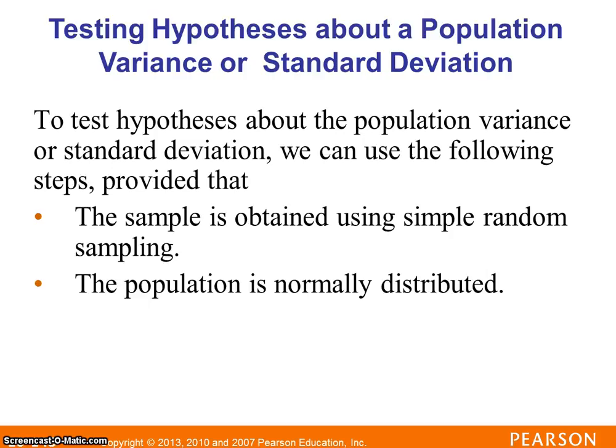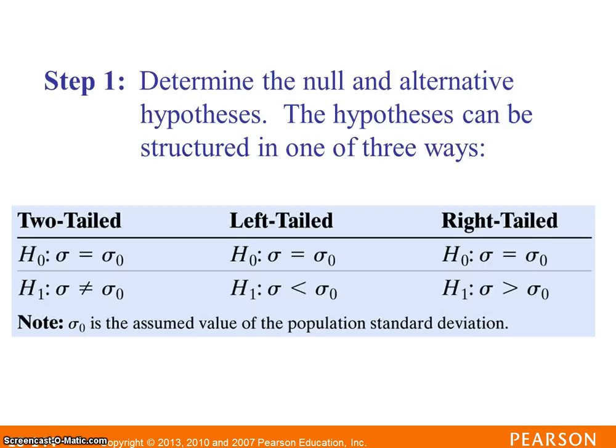And the procedure for this is listed on the top of page 509 and the top of 510 in your book if you want to take a look at that, and these two conditions are mentioned there. So these would be the various steps.